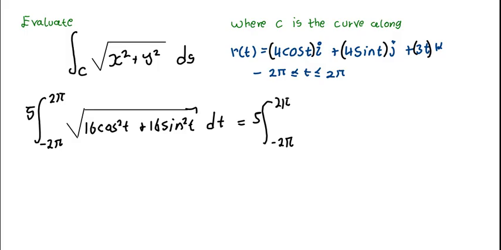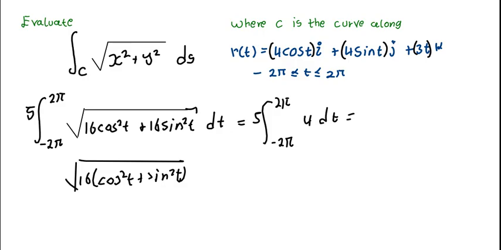Then if you factor out the 16, this would be the square root of 16 open bracket cos squared t plus sine squared t. Then this would just be a 1 actually. So it's the square root of 16, which is a 4. That would be 4 dt.